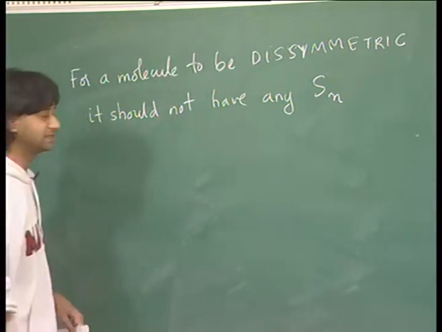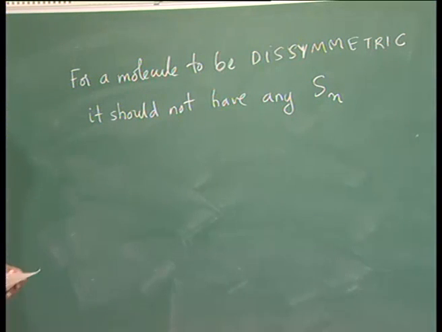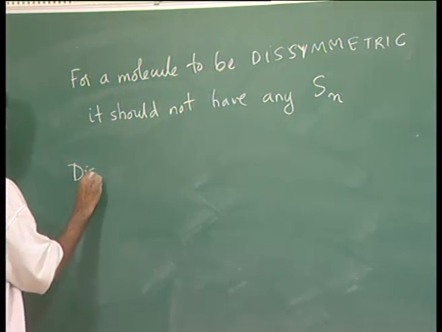So, it should not have any improper axis of rotation. A molecule that does not have any improper axis of rotation will be dissymmetric, and dissymmetric molecules show optical activity.